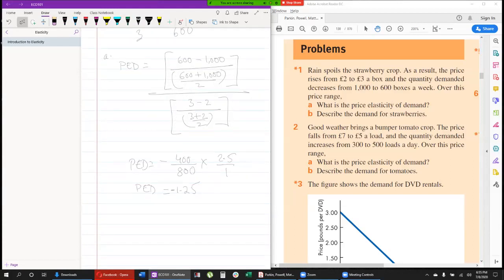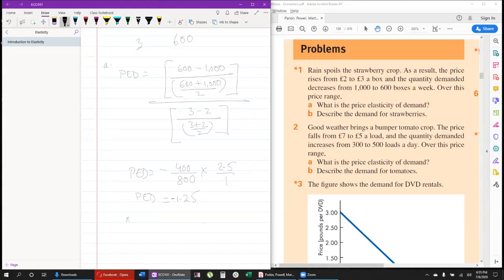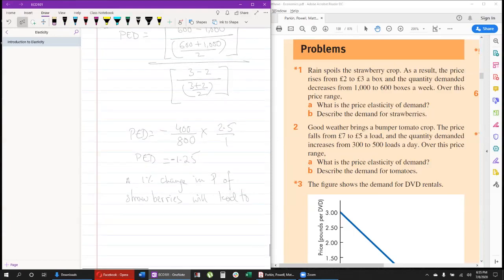The question doesn't ask us to analyze this, but if we were to analyze it, what we would say is that a 1% change in price of strawberries will lead to a 1.25% change in QD of strawberries.